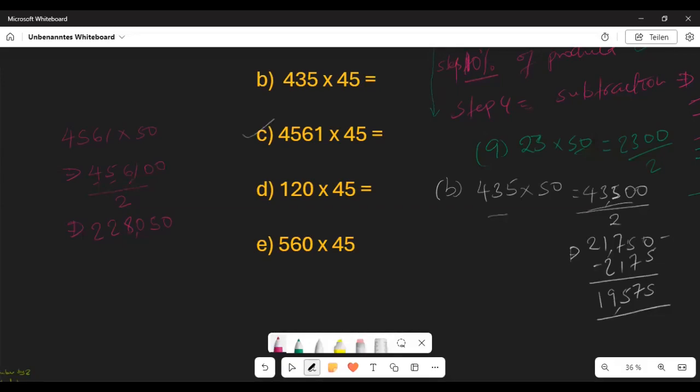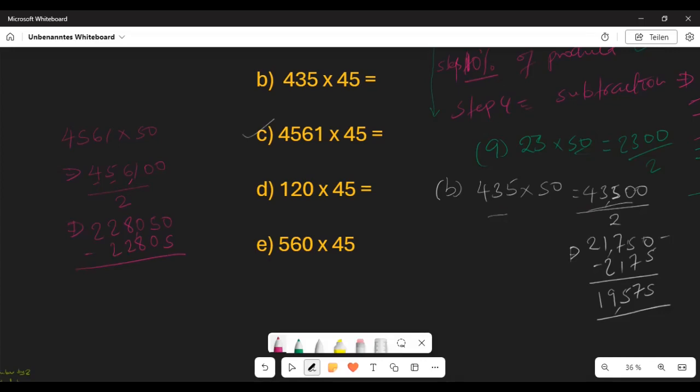So in this case, we already have our number, but now for us to get the value of 45, we have to get a tenth of this. A tenth of this is just 1 zero less. And that would mean that from here we're going to have 5, and from here is going to be 0, and here is going to be 8, and here is going to be 2, and here we're going to have 2. Okay, so a tenth is what we are subtracting from that.